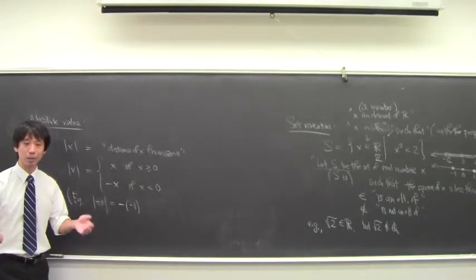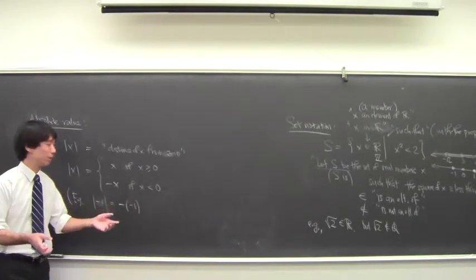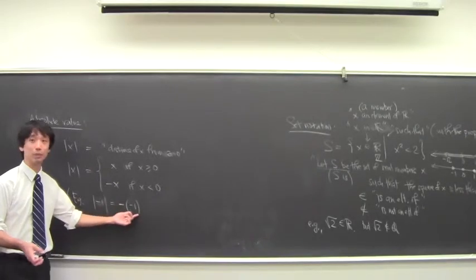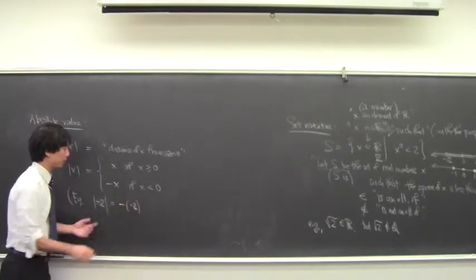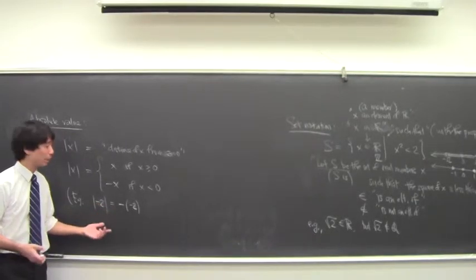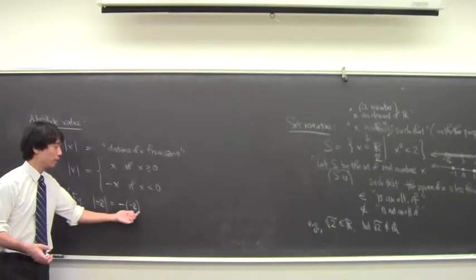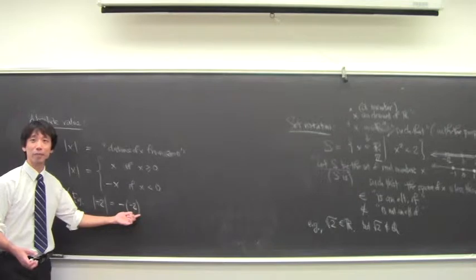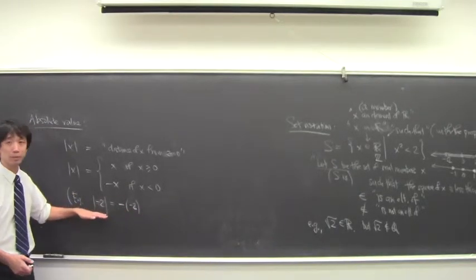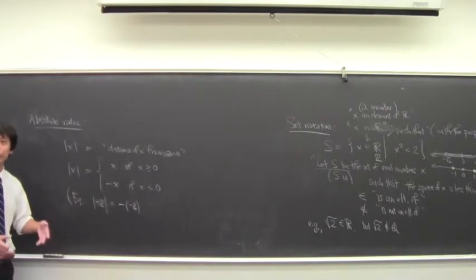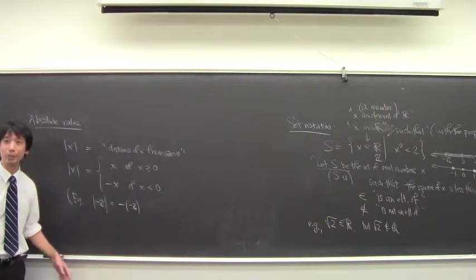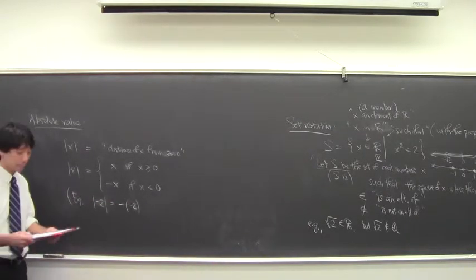I will return to you negative 1 times the number you gave me. Maybe I should use a 2. So if you gave me a negative 2, I'm going to give you back negative 1 times the number you gave me. So the end result is that it always returns a non-negative number. It could return a 0.